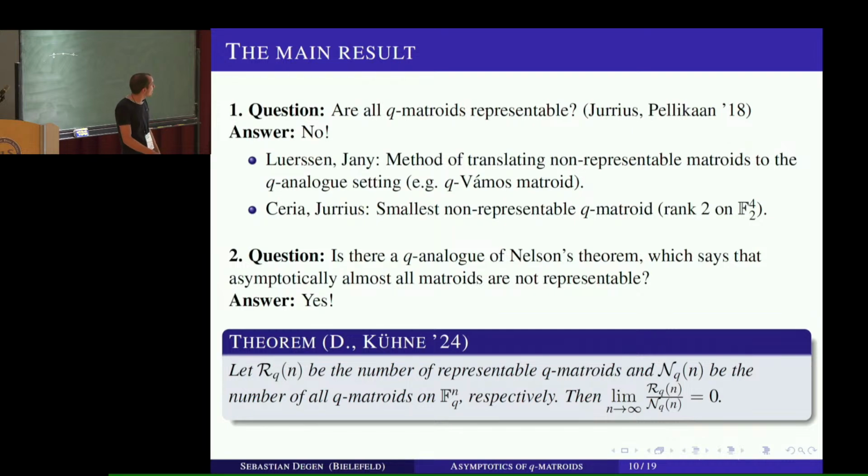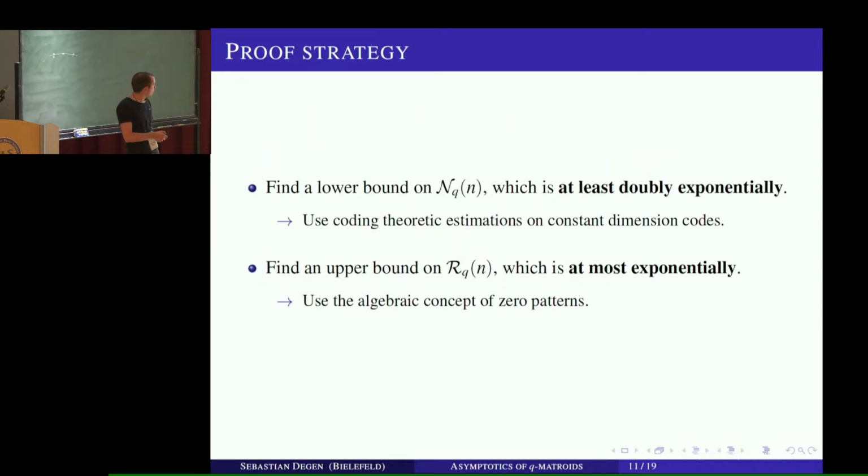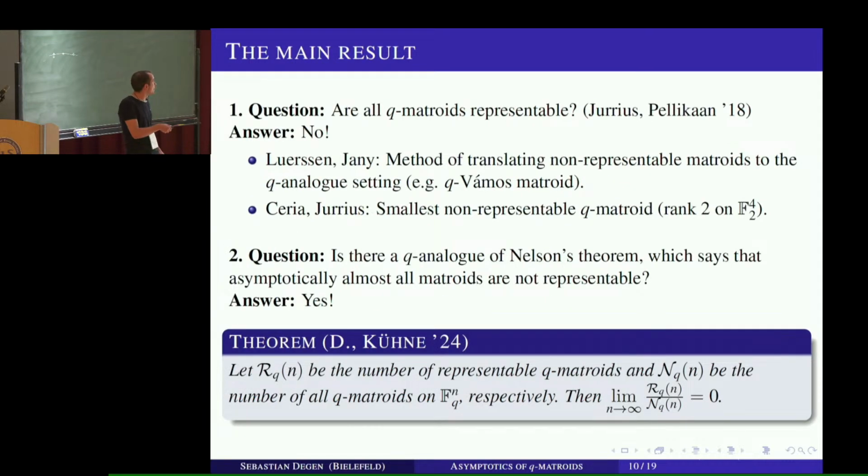For example, for the Vamos matroid, they defined the q-Vamos matroid. And soon after that, Gluesing-Luerssen herself, together with Jany, actually found the smallest non-representable q-matroid, which is in dimension 4 over the field of characteristic 2 and has rank 2.